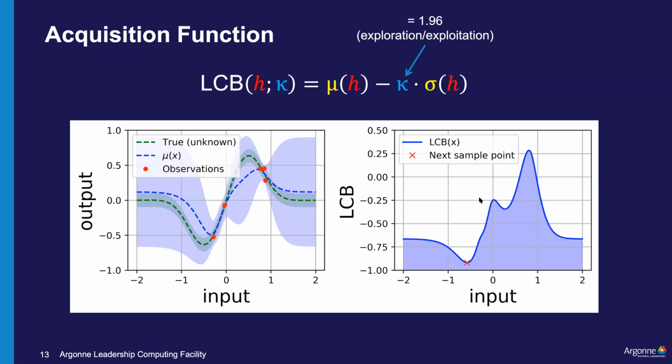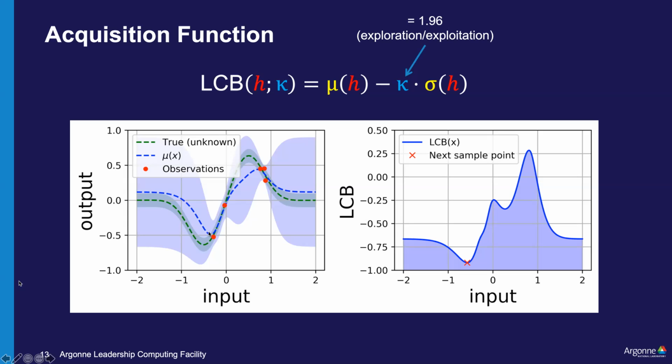Also, the kappa value is used to manage the trade-off between exploration and exploitation. Why is that? Because if you set kappa to 0, for example, you will see that you stay fixed with the mean estimate. Therefore, the next sample point will be at the minimum of this mean estimate, so at this location.